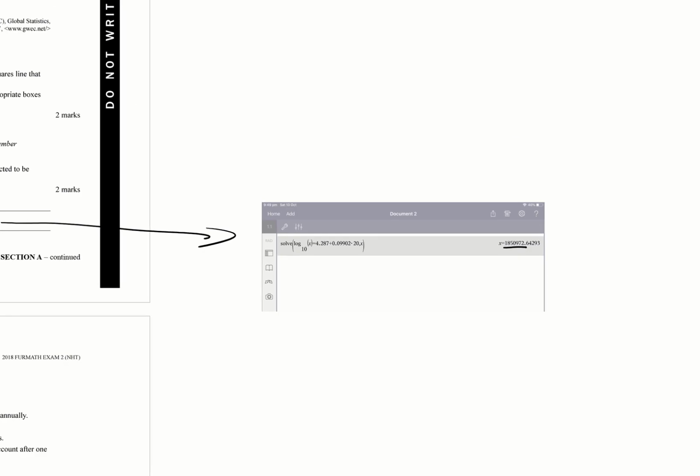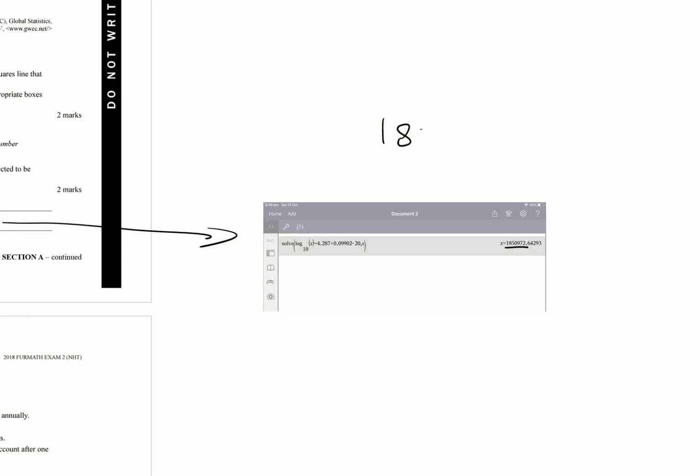So what that means is I've got 1850972. So we've basically got to go to the nearest 1,000, which is basically here. Okay, so it's going to be 1851000.